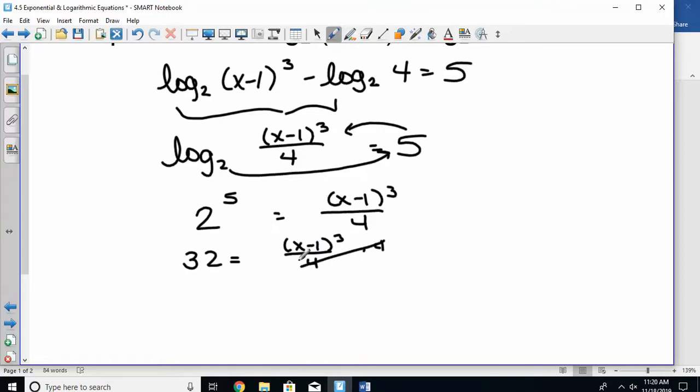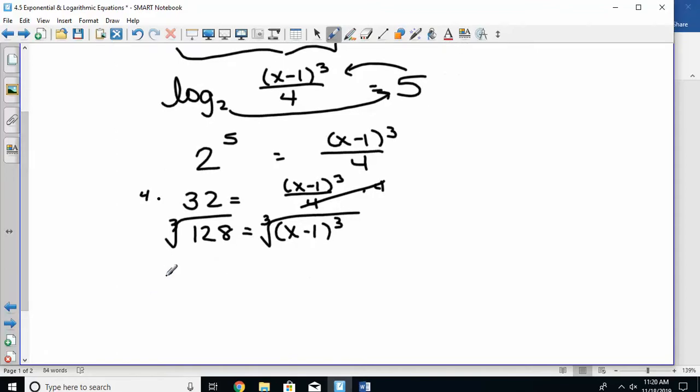Multiply by our 4. Then what do we do? Cube root. Can you do the cube root of 128? It's not going to come out pretty. Okay, we'll get to that in just a second.